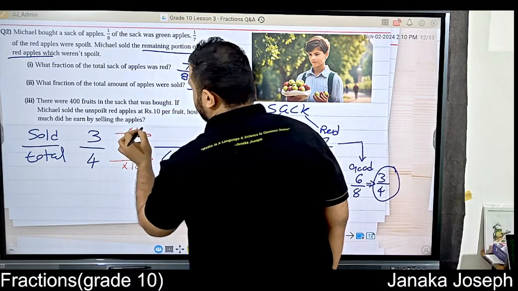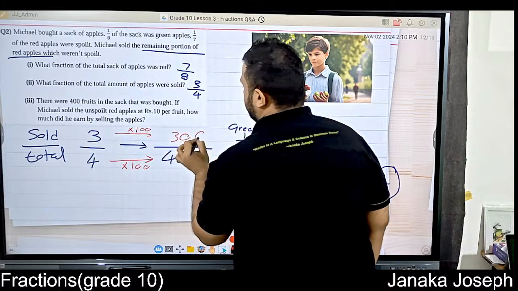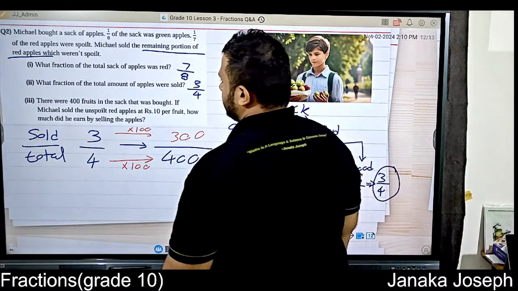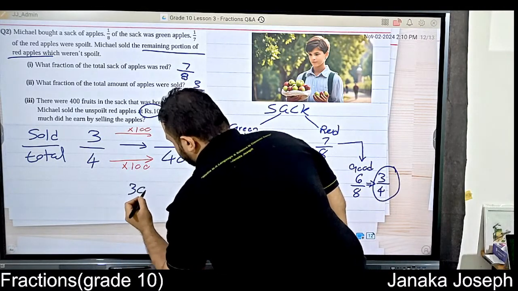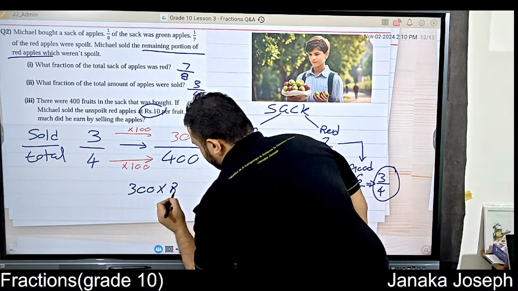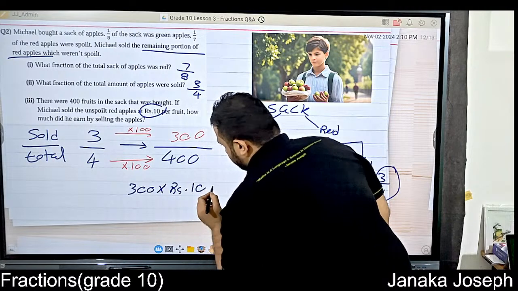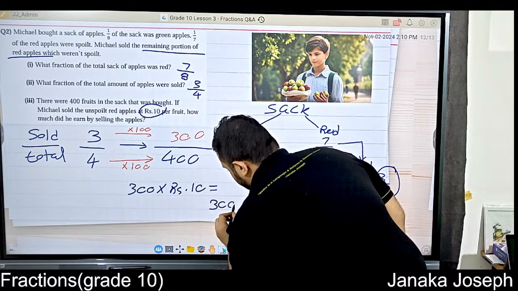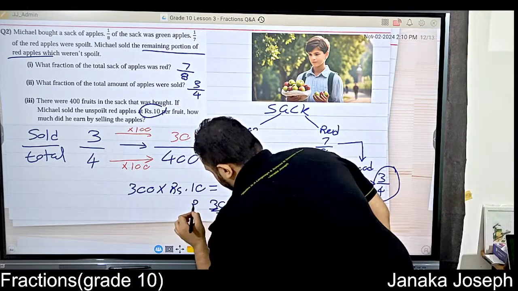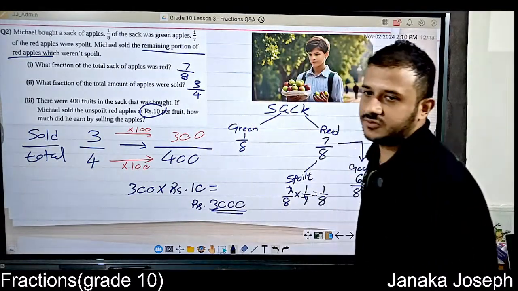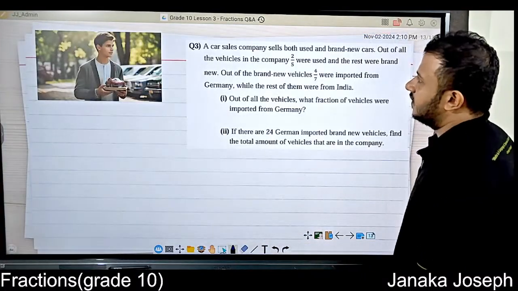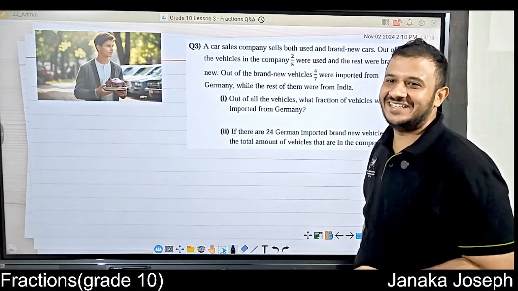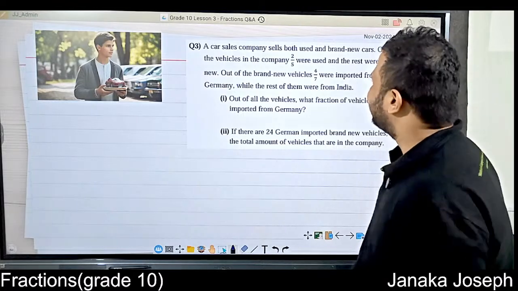So 3 times 100, which is 300. 300 apples were sold and each red apple was 10 rupees. So 300 multiplied by 10 rupees is 3000. 3000 rupees. That's much easier than the questions we did before, right?